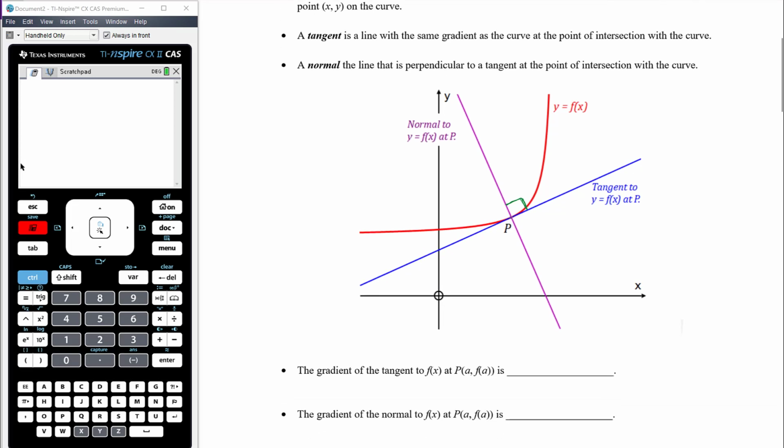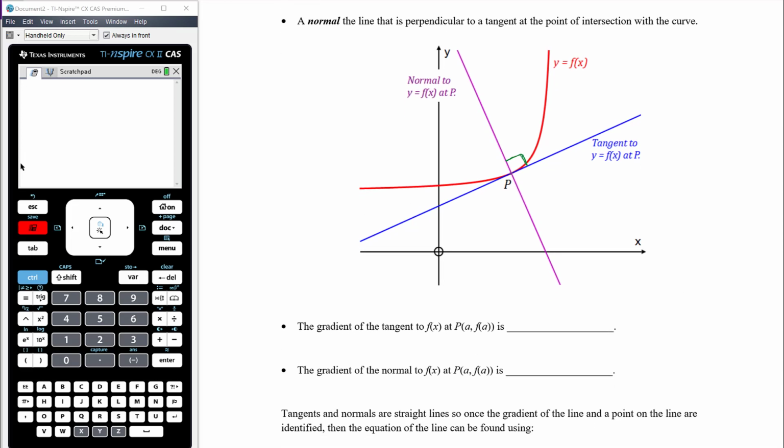So the gradient of the tangent to f of x at the point P, if the point P has coordinates (a, f of a), is the same as the gradient of the curve at that point, and we find that by finding the derivative and substituting the x coordinate of that point into the derivative. So the gradient of the tangent to the curve at the point P will be f dash a.